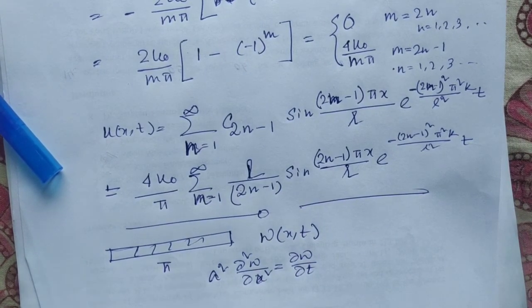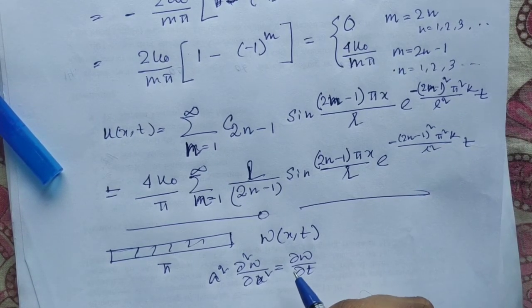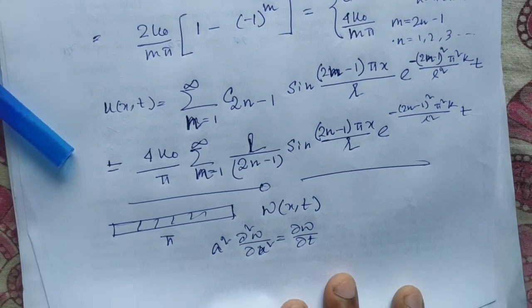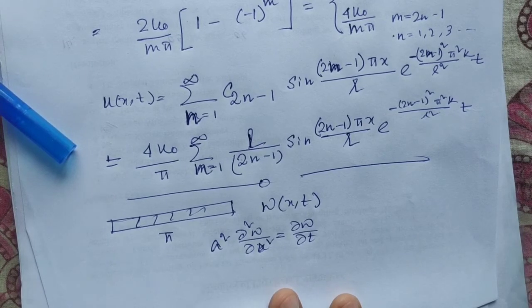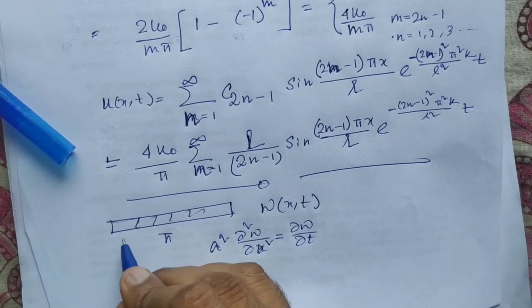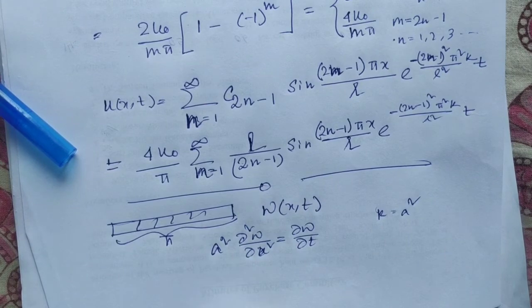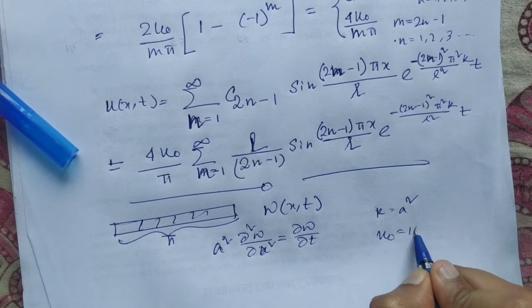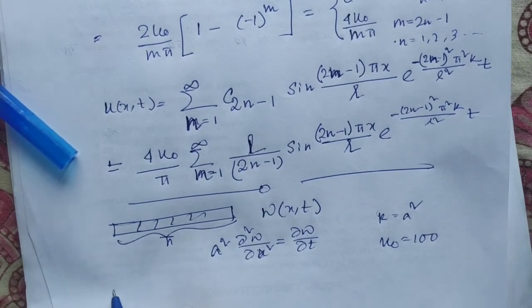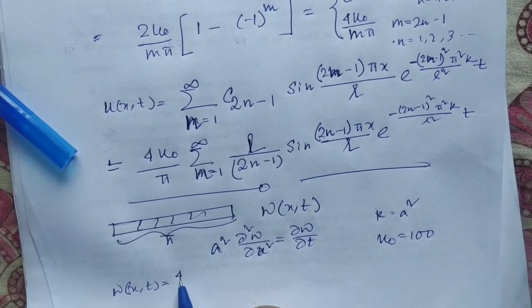So for this problem your kappa is equal to a square, the length is equal to pi, and your u0 is equal to 100, right?